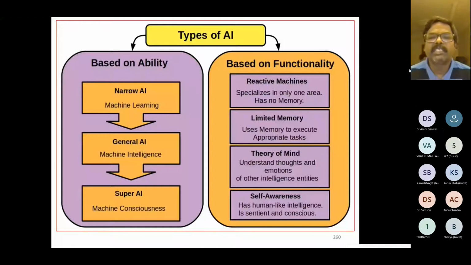Based on functionality, we have reactive machines, which specialize in only one area and have no memory; limited memory, which uses memory to execute approximate tasks; theory of mind, understanding thoughts and emotions of other intelligent entities; and self awareness, which has human like intelligence and is sentient and conscious. So, what is this artificial intelligence?